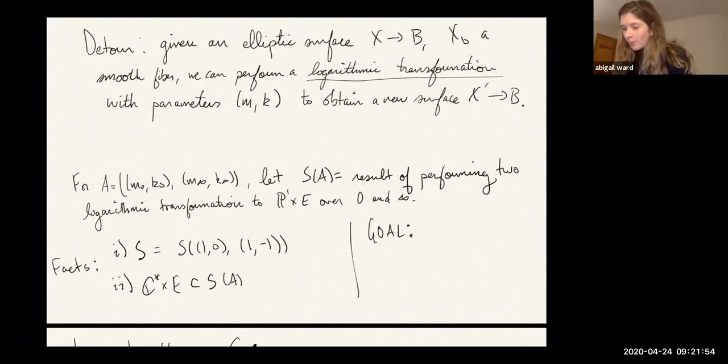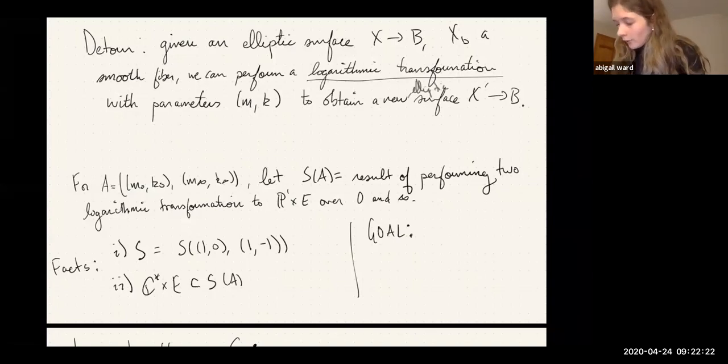Given an elliptic surface X over B, some complex surface, and a smooth fiber X_b over b, you can perform a logarithmic transformation, which is topologically just some sort of surgery, to obtain a new elliptic surface that also fibers over B.